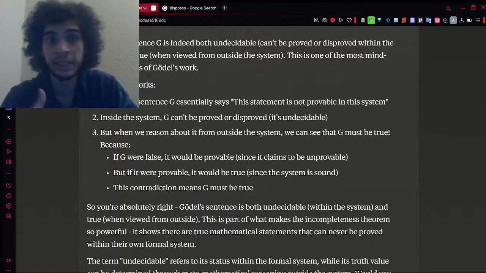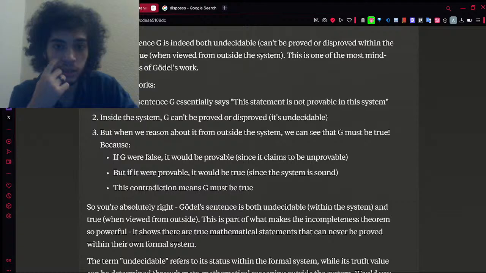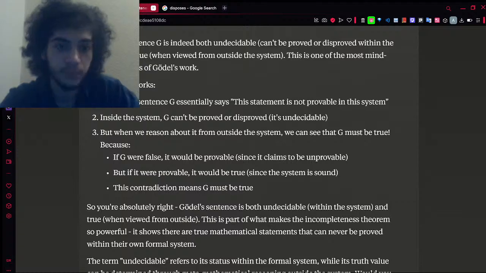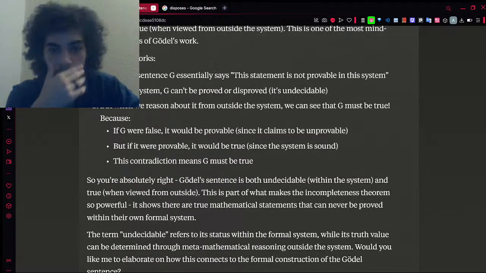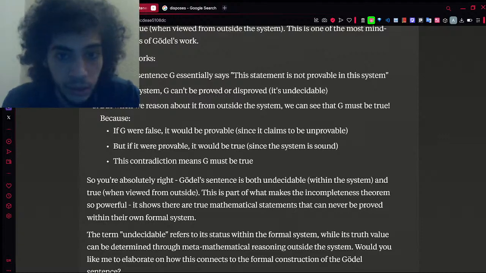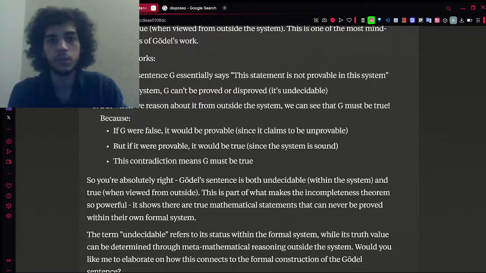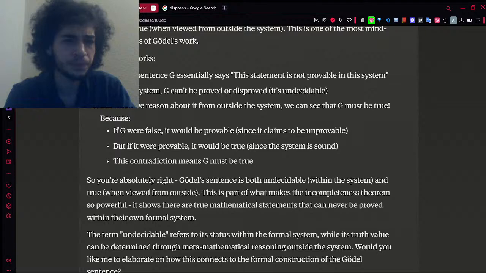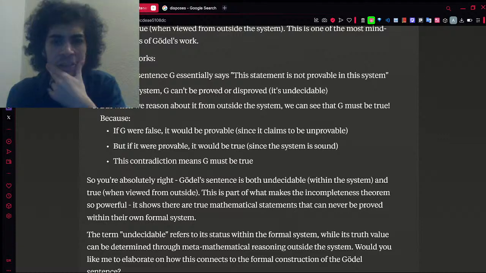Then what happens? But anyway, that's another point. We will talk about that after we read the paper, as I want to understand the paper very well first. But when you reason from outside the system, you can see that G must be true.